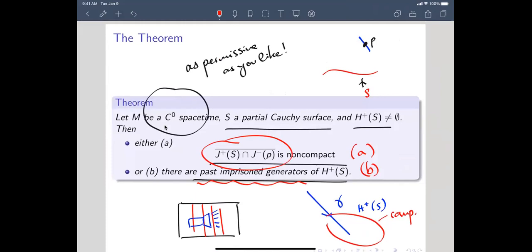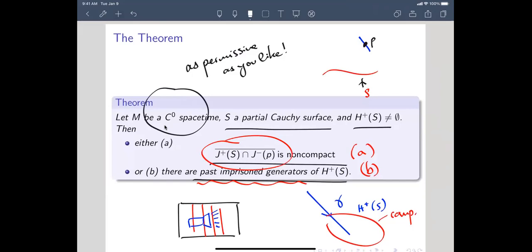There are some past inextendable curves that are trapped in compact sets. And in the two families of solutions in general relativity that we have where we have Cauchy horizons, the Taub-NUT examples, the Misner examples, the Kerr examples, the Reissner-Nordström examples, they realize exactly one of the two possible choices. So it's either A or it's B.